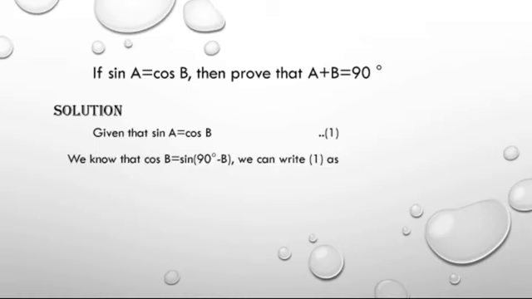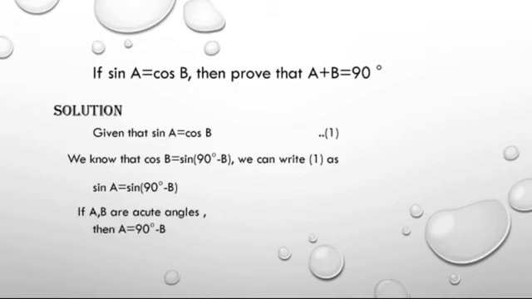So we can write sin A equal to sin(90 minus B). If A, B are acute angles, then A equals 90 minus B. If we transpose B, A plus B equals 90 degrees.